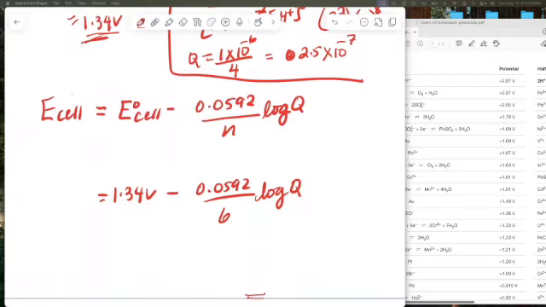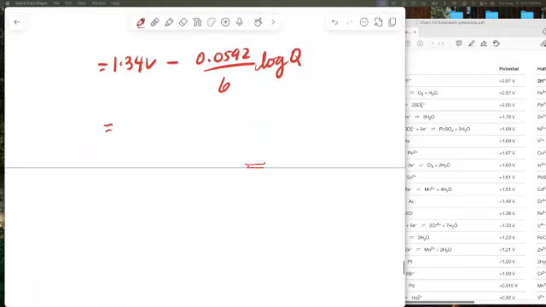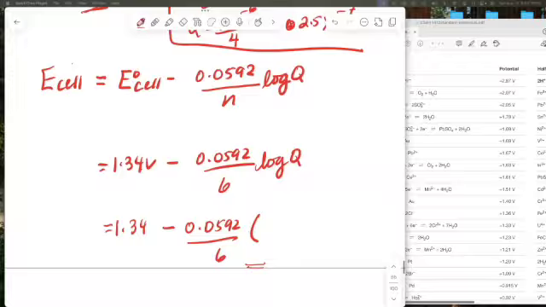Okay, so this is essentially here. 1.34 minus 0.0592 over 6. And then the log Q, we already solved for it up here, is log of 2.5 times 10 to the power negative 7.